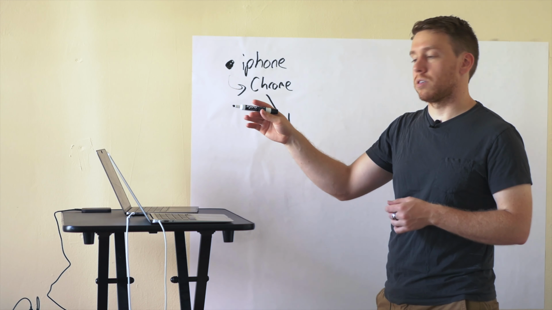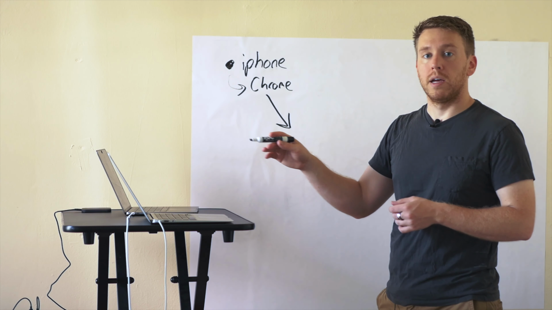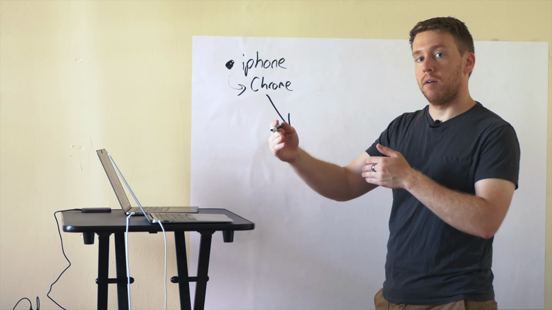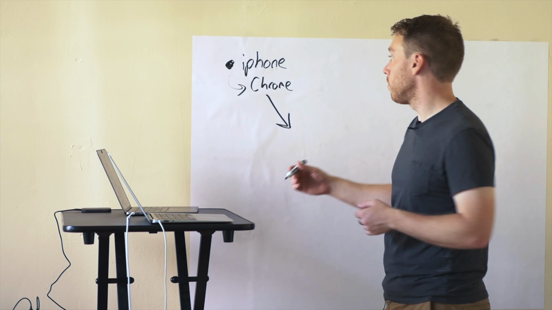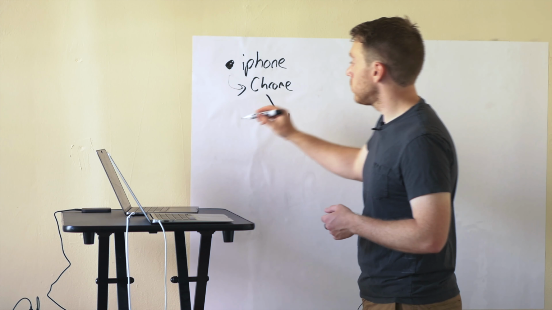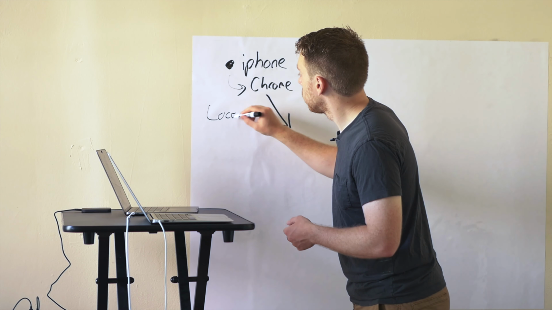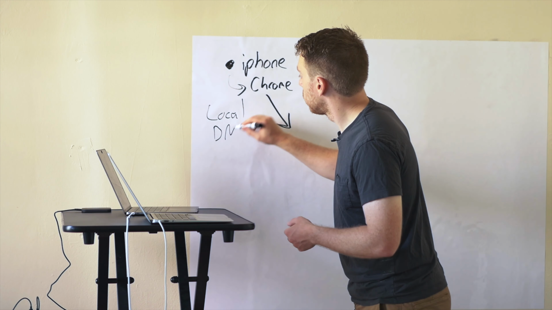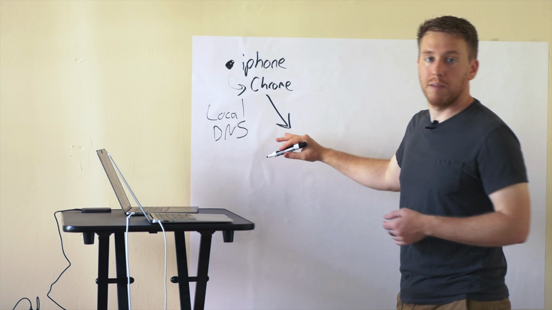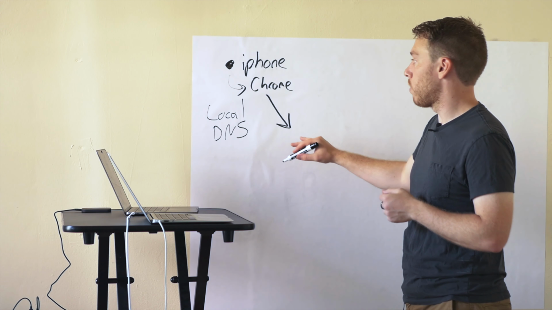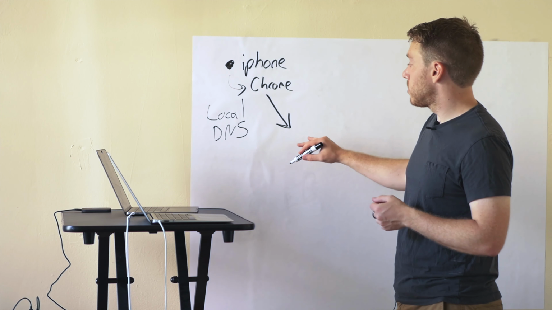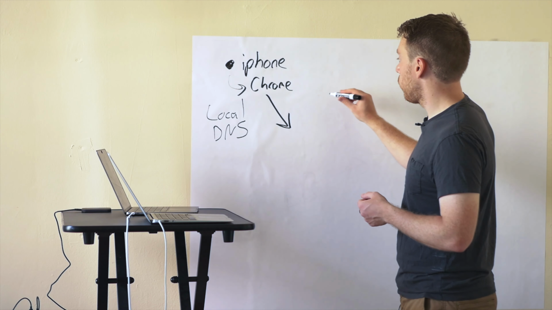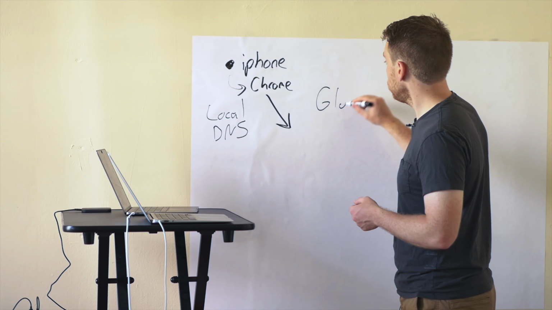That IP address is called the origin IP. It's the remote server that we want to actually retrieve some content from. So you have local DNS that may know what IP address to proxy that request to. But you also have something called global or cloud DNS.